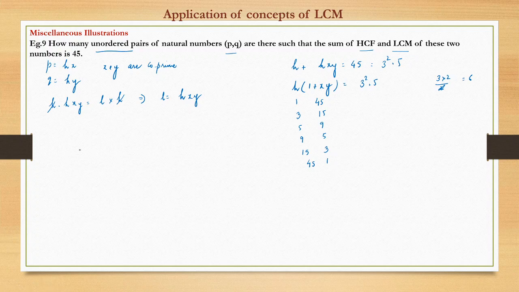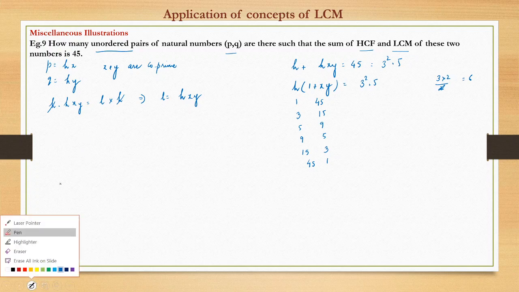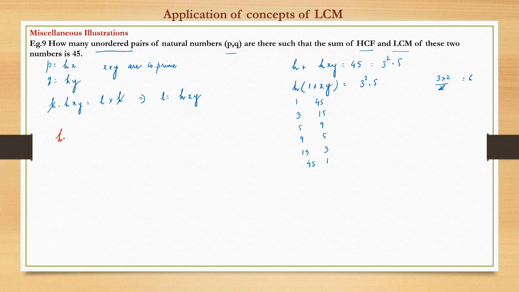So let us from here see what the different values can be. What can be H, what can be xy? So see, from here only we can write simply.